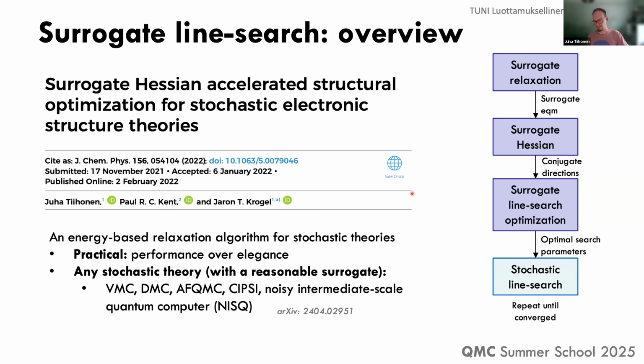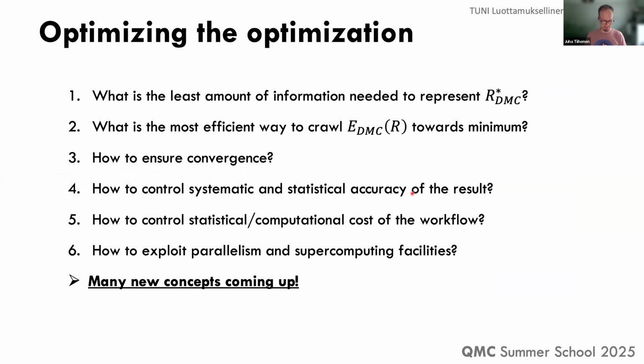And in the end, there's just a conceptually simple line search using the DMC PES or any other stochastic PES. So I'll go through some practicalities and details of this method, and it boils really down to optimizing the optimization.